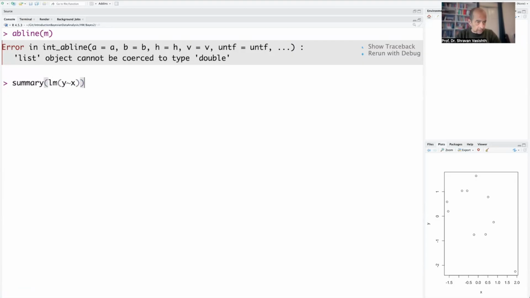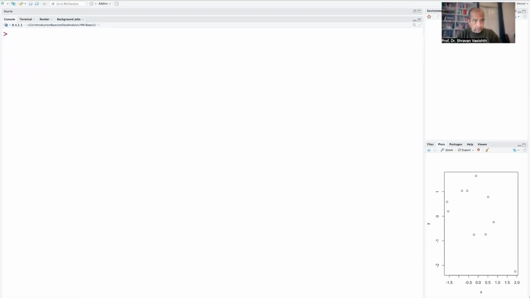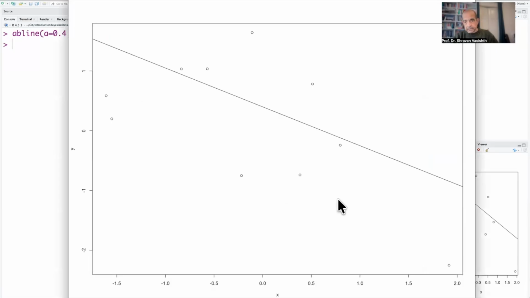I get the summary, and I get 0.04 and minus 0.65. Okay, so I fit an ab line on the plot, with a equal to 0.4 and b equal to minus 0.65. Does this work? Yeah, right. So you see, this looks really tantalizing, as if there's something there, but we know that there isn't. And so you can easily get these kinds of relationships if you're ignoring the measurement error.